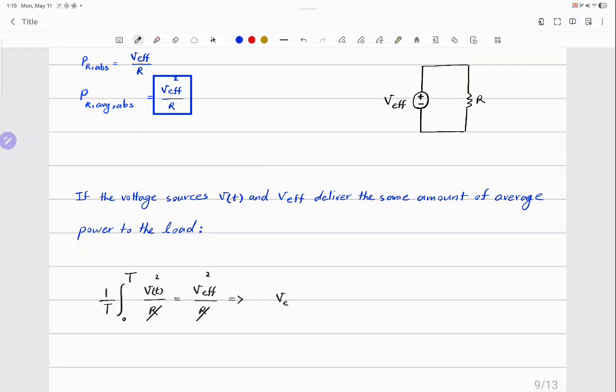So do you agree that V effective is equal to 1 over T, integral from 0 to T, V squared dt.